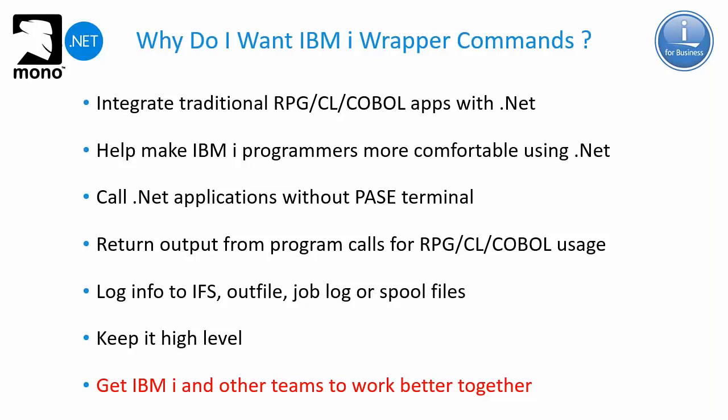So it keeps it high level. One of the things I've always been about is promoting that our IBM i and our .NET and our multi-platform teams work together. That's not always the case. I know, because I get into political discussions on some of the lists where people say that's just the way our team wants it. But I've always been about promoting that team sharing.